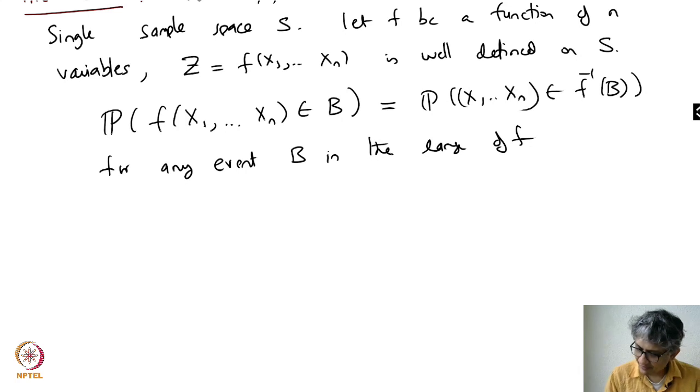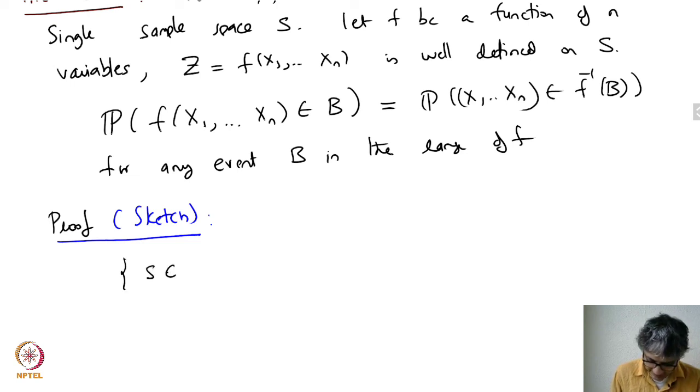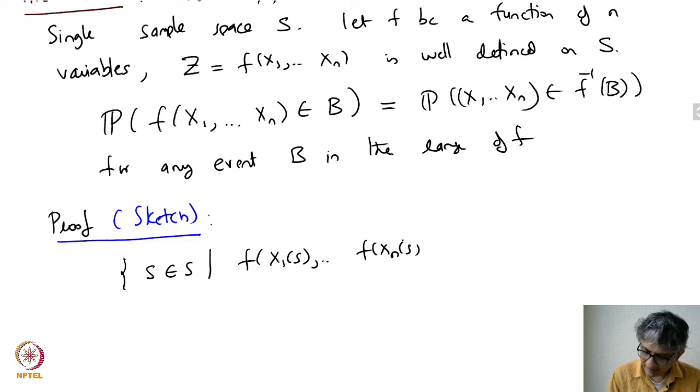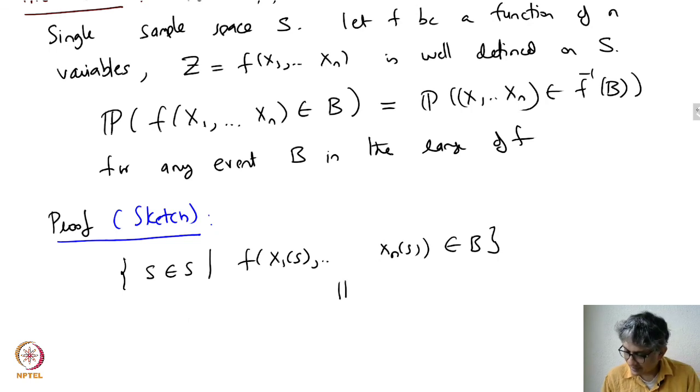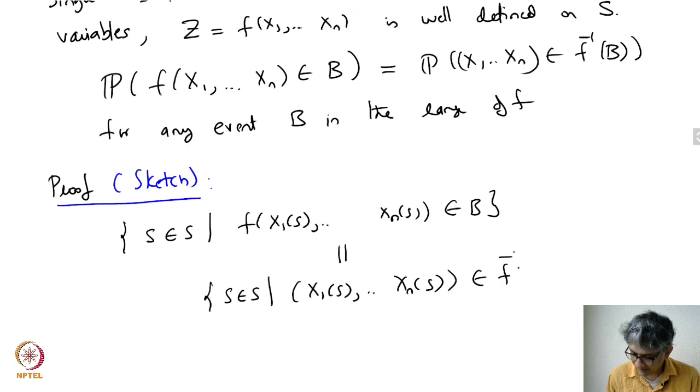I'll let you prove it yourself, but I'll give you a sketch of the proof. The key idea, which we are using in the examples as well, is that the set of all s in S such that f of X1 of s up to Xn of s is in the event B, if you use the definition of a function, is the same as the set of s in S such that X1 of s up to Xn of s is in the event f inverse of B. So this is a set theory fact.